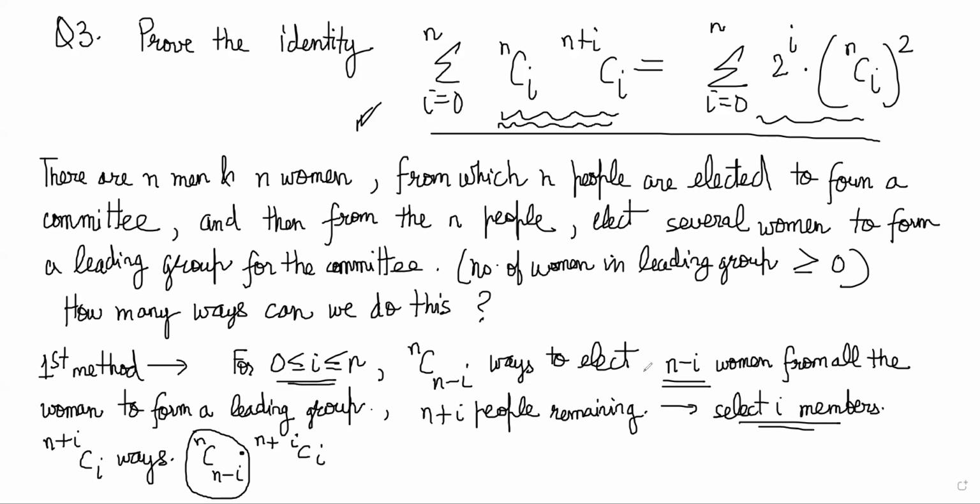You could have a committee of n women if i is equal to 0 who lead the group, or you could have a leading group of n minus 1 if i is 1, n minus 2 if i is 2, and so on. So the first method, what we are doing is the summation of nC(n minus i) times (n plus i)Ci, and i goes from 0 to n.